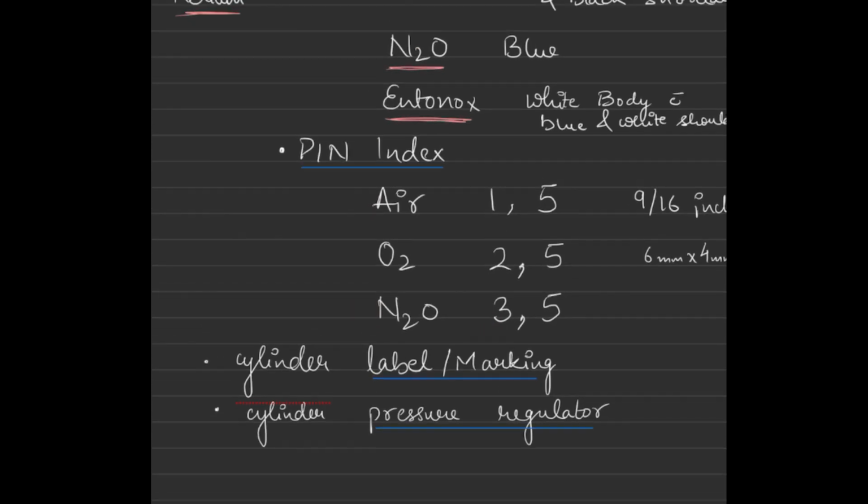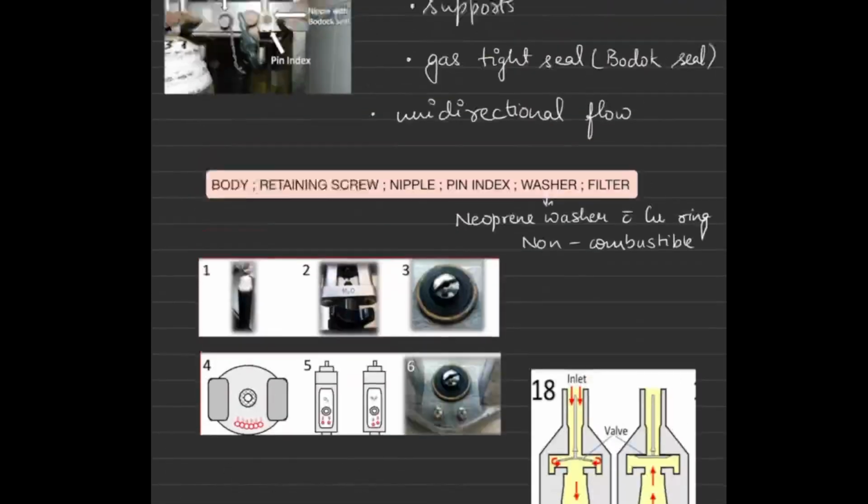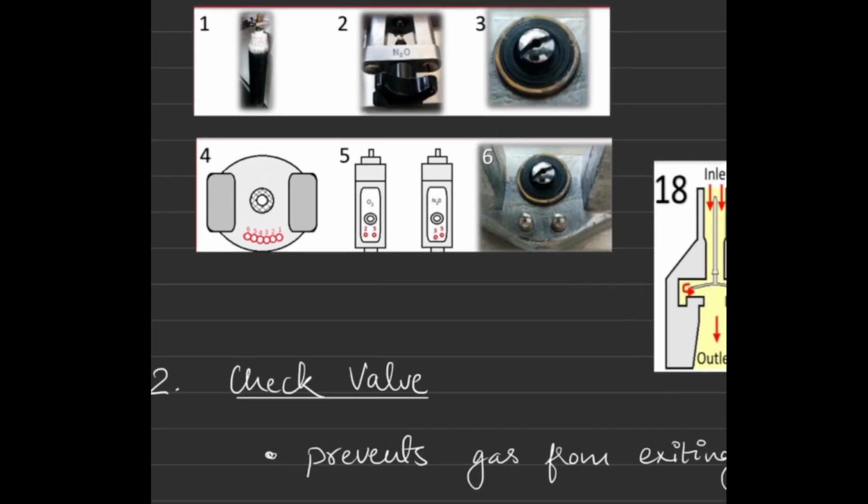Then we have a diagram, we have discussed it earlier. See, this is the pin index, this is the port, this will be 9 by 16 inch radius, and each pin has a dimension of 4 mm by 6 mm, and placements will be like this.